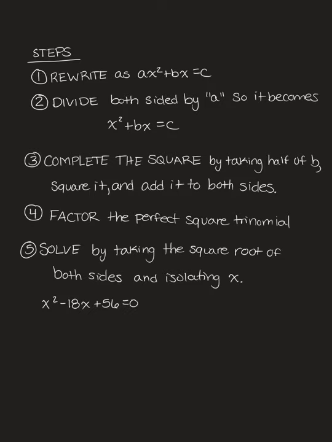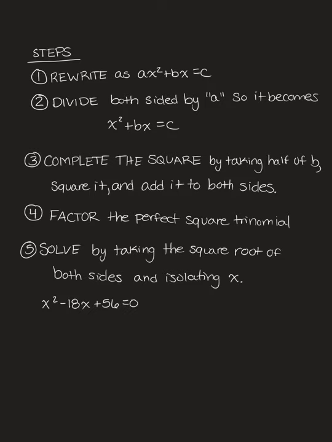Then you will divide both sides by a so that it becomes x squared plus bx is equal to c. Then you will complete the square. You will take half of b, square it, and add it to both sides. Then you will factor it using the perfect square trinomial method that I just talked about, and then you will solve for x. So there's a lot of steps here, but let's go step by step.